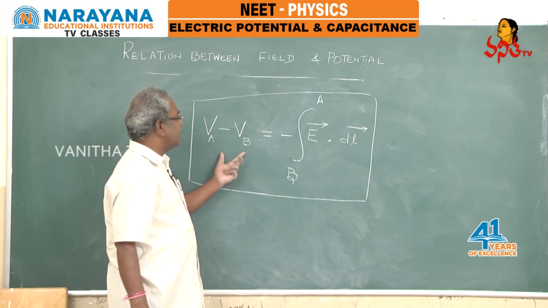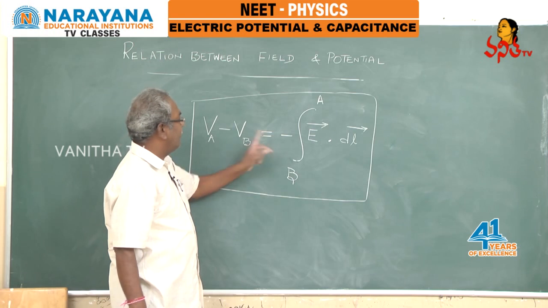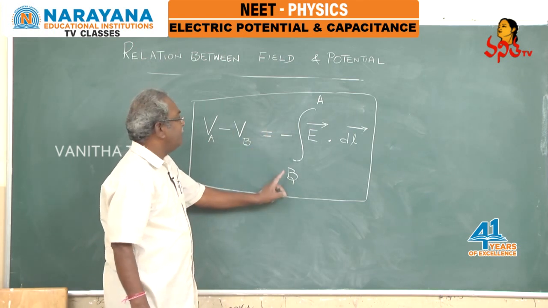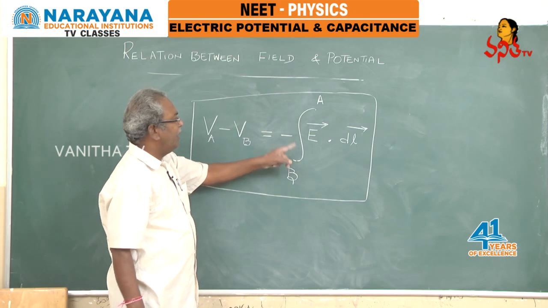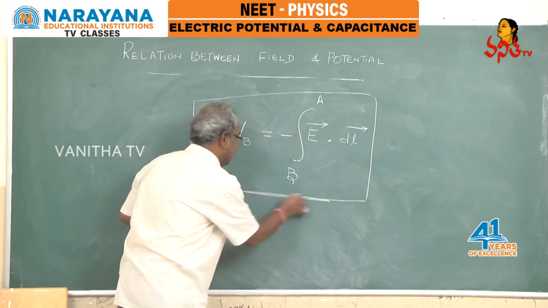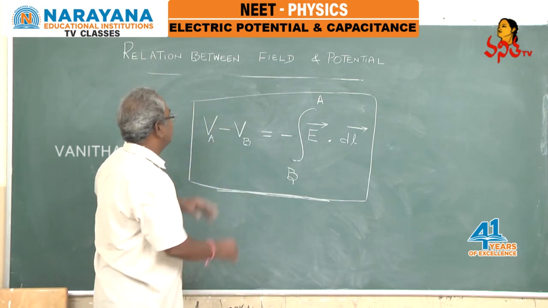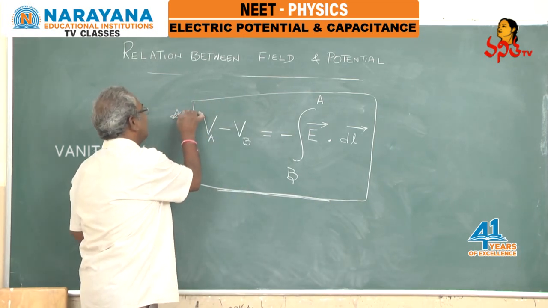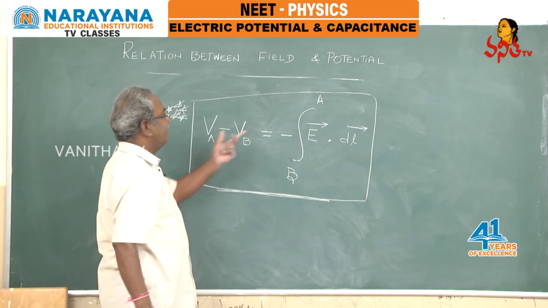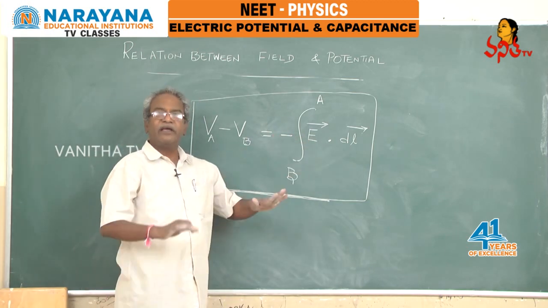So, VA minus VB can be written as minus the integral from B to A of E bar dot dL bar. Able to follow? We can apply this in many problems based on this integration, a very important relation to find the potential difference between 2 points when the electric field vector is given.